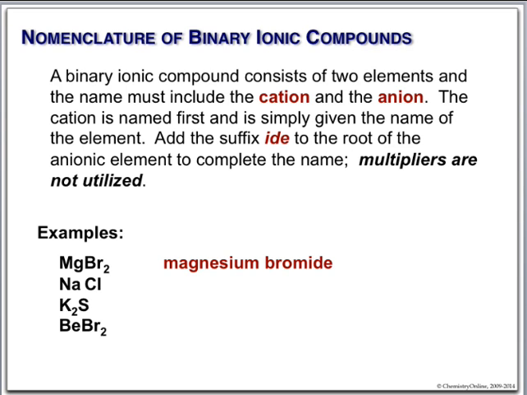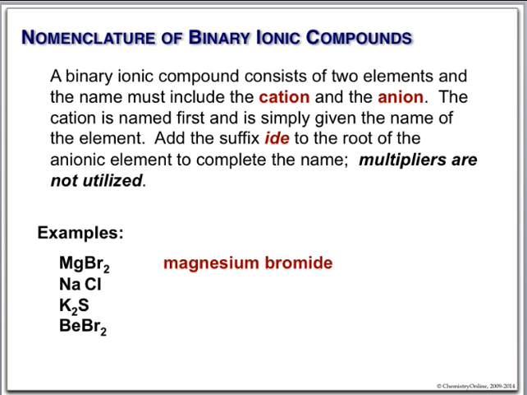Now that makes naming them very, very simple. But if I tell you you have magnesium bromide and you were supposed to write a formula, you have to know magnesium is going to be +2, bromine is going to be -1, so we need 2 of them. So it makes it easy going forward, a little more difficult going back.